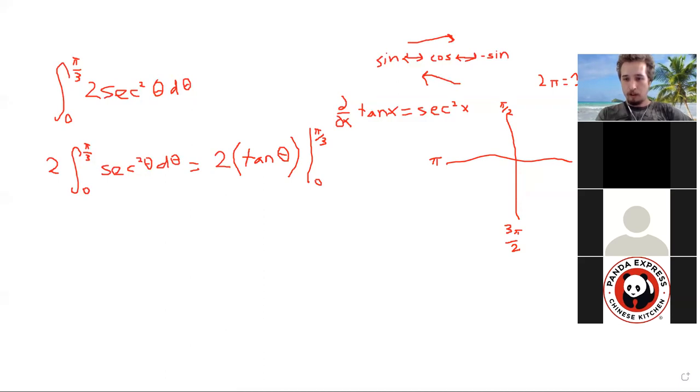You can keep on adding 2 pi, and so pi over 2 is also 5 pi over 2. And this is 3 pi. But we don't need to worry about those. Just know that if you keep on adding 2 pi, the angle's the same.